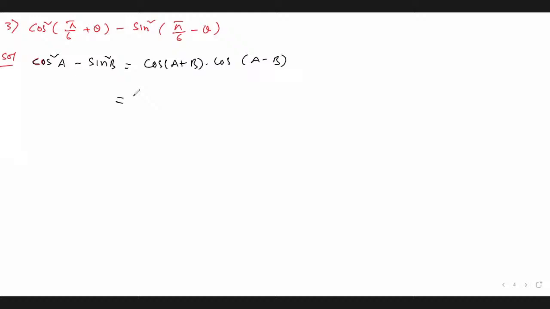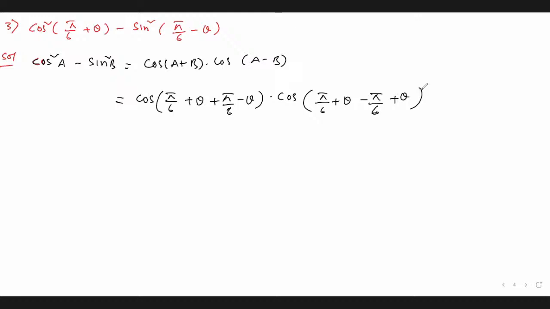So you are going to get, observe, cos A plus B, means pi by 6 plus theta plus pi by 6 minus theta, into cos A minus B, pi by 6 plus theta minus of pi by 6 minus theta. Minus into minus is plus, again you are going to get theta, right?